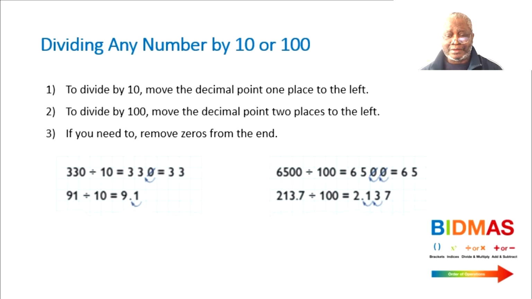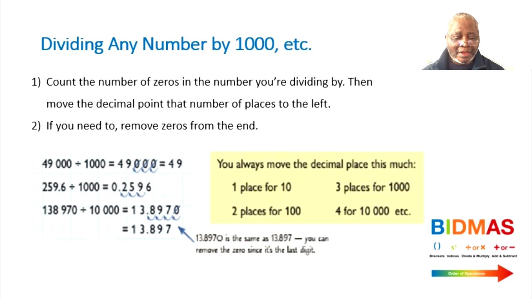Bear that in mind. Dividing by 1000, etc. It's the same principle. Just make sure you are aware and you count your decimal places accurately when you're moving your decimal point to the left. And then of course, if you need to, remove zeros to make sure your answer makes sense.